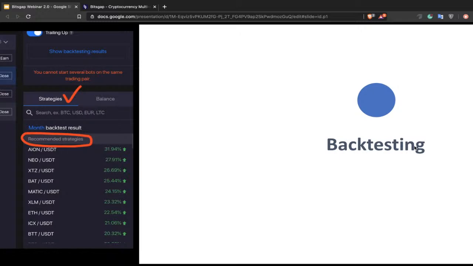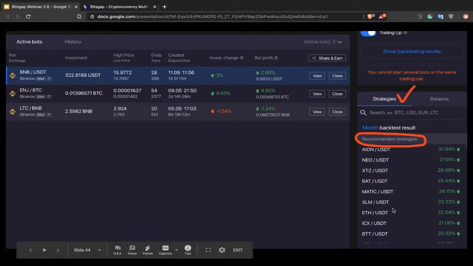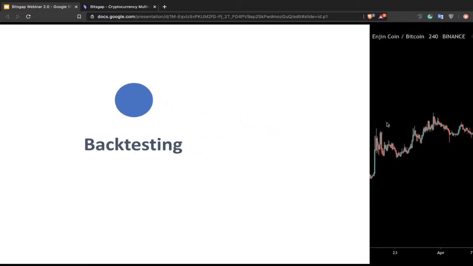Well, with recommended strategies, it's pretty simple and easy to understand. As I explained, the recommendations are based on the monthly returns of some cryptocurrencies, and you are able to choose any of them. With backtesting comes another source of ideas.